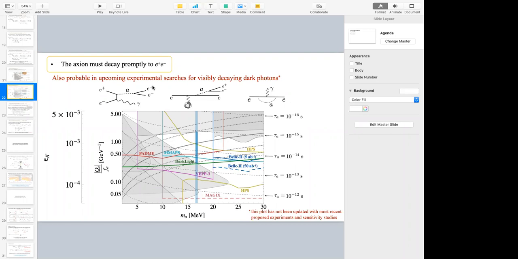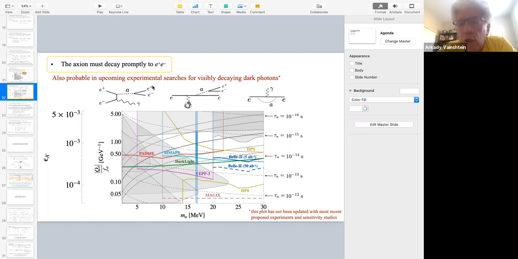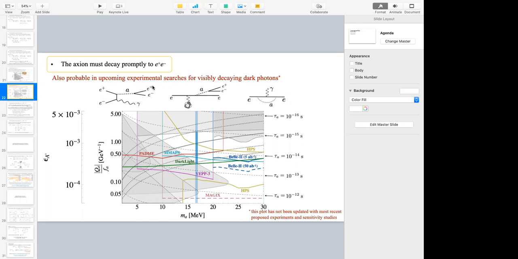But for electrons, you cannot measure the electron spin in the final state. No, but it's not spin, I believe, it's angular distributions. Angular distribution, right? Yeah, they would be slightly different.